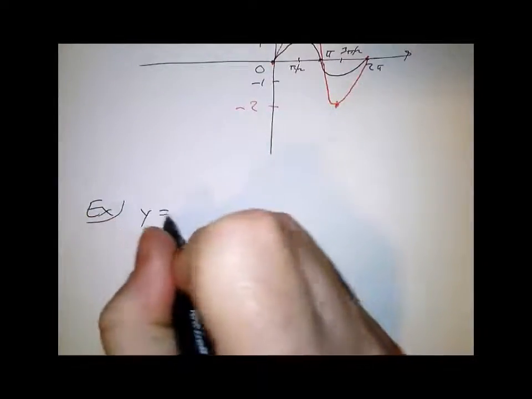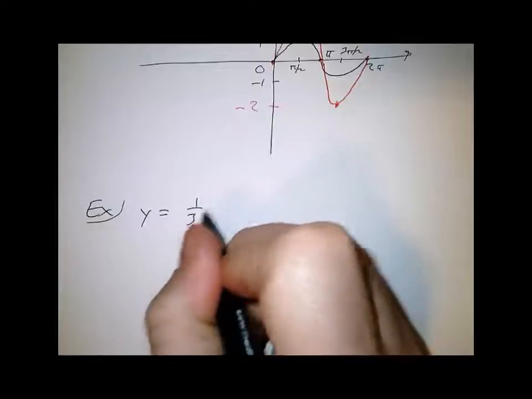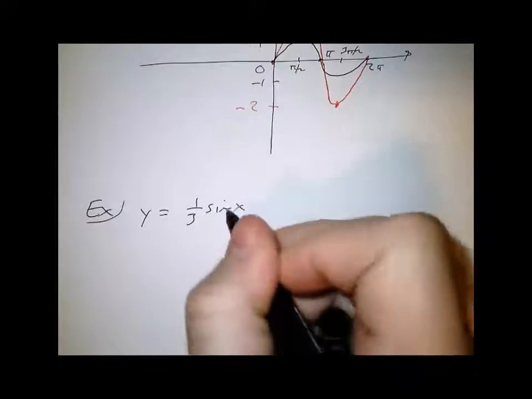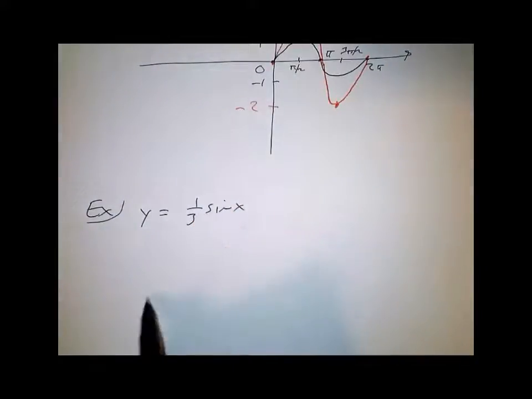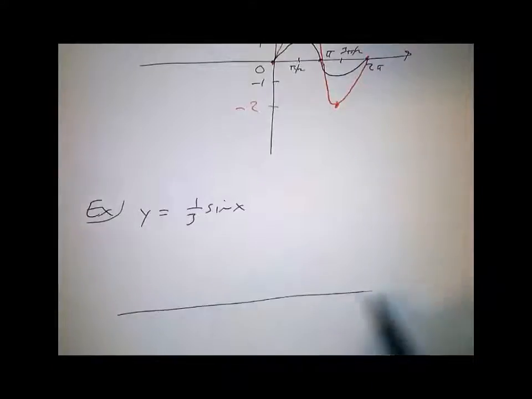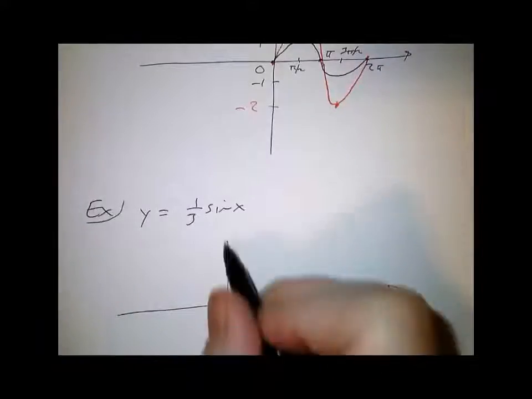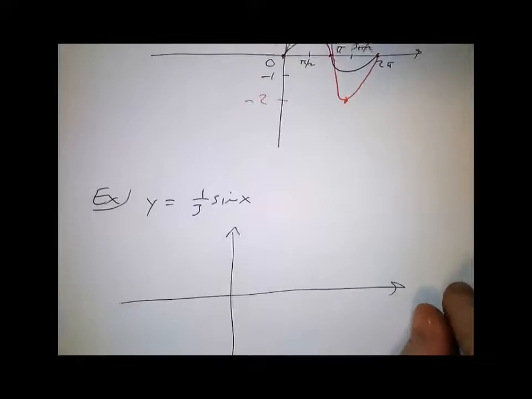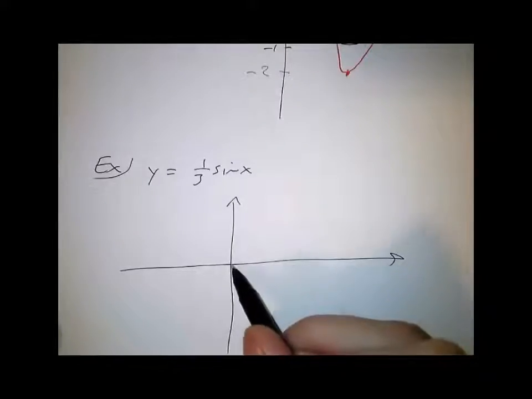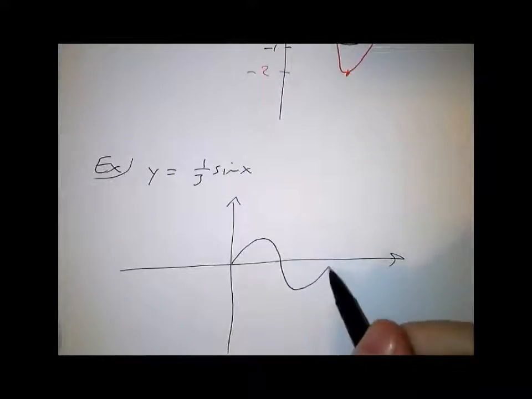What if I have, for example, y equals 1/3 sine of x? Okay, then what? Then again, I start with my sine function, right? Like so. So there's one period.